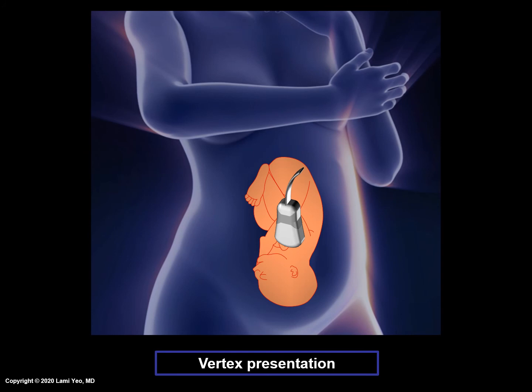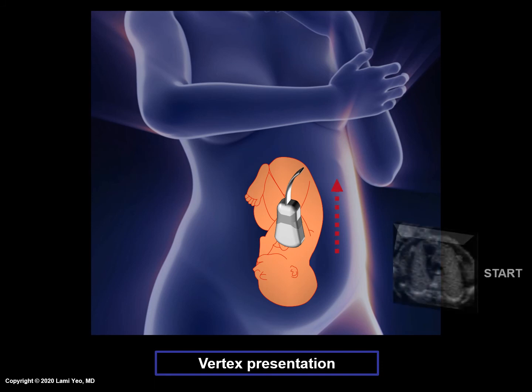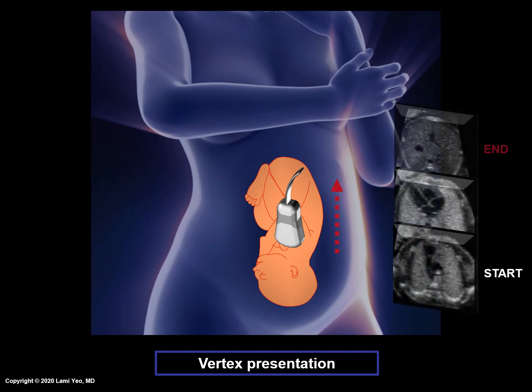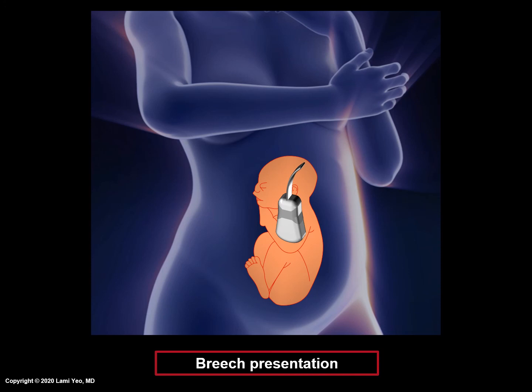So, for a 4-chamber view acquisition plane and vertex presentation, the upper mediastinum will be seen on the ultrasound monitor screen at the start of the sweep and the stomach at the end of the sweep. However, for a 4-chamber view acquisition plane but breech presentation, the opposite will occur.